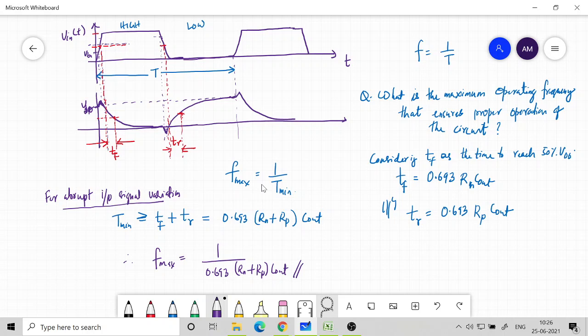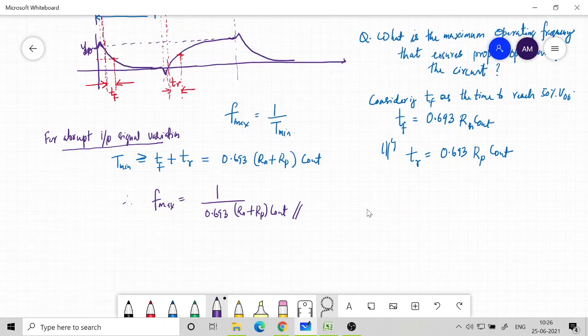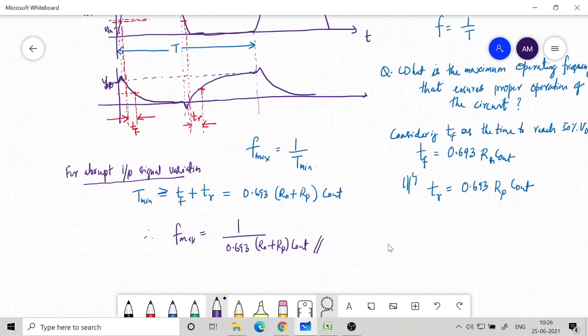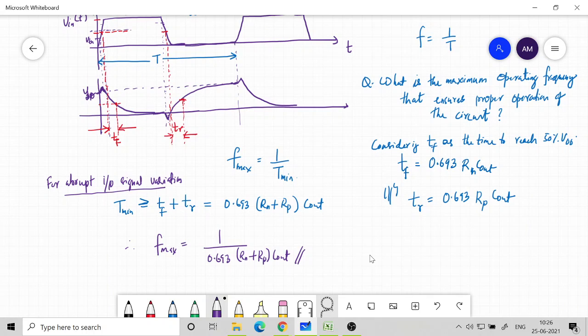Usually it will be of the order of 1 gigahertz. It will depend upon the design of the capacitor and the MOSFET, that is the area, W, L, all of which determine your capacitance calculation as well as your resistance calculation. Next class we will do a problem, and then you will get a better idea of these time estimates.